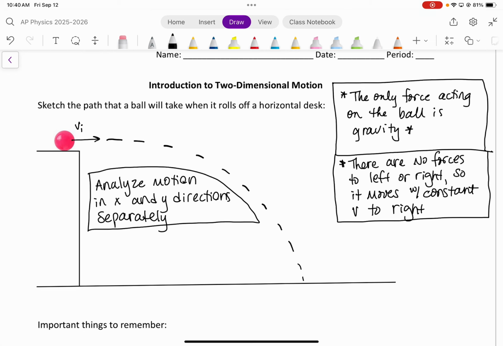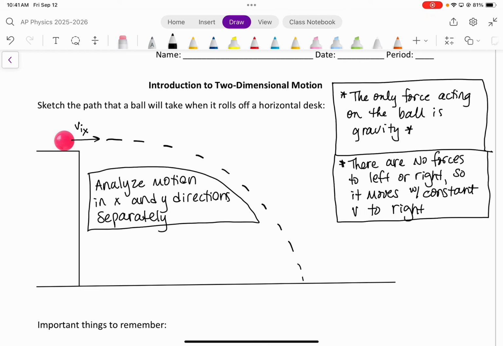So if I am looking at the direction that this ball travels, or the velocity of the ball to the right, I can say that this is the initial velocity in the x direction, because this is a ball that is rolled off of the desk, and its initial velocity is all horizontal.